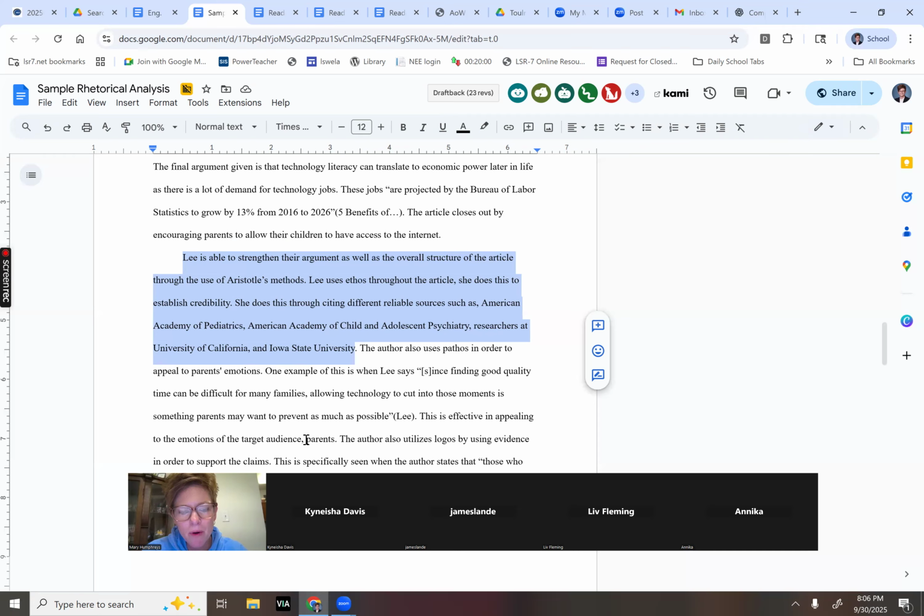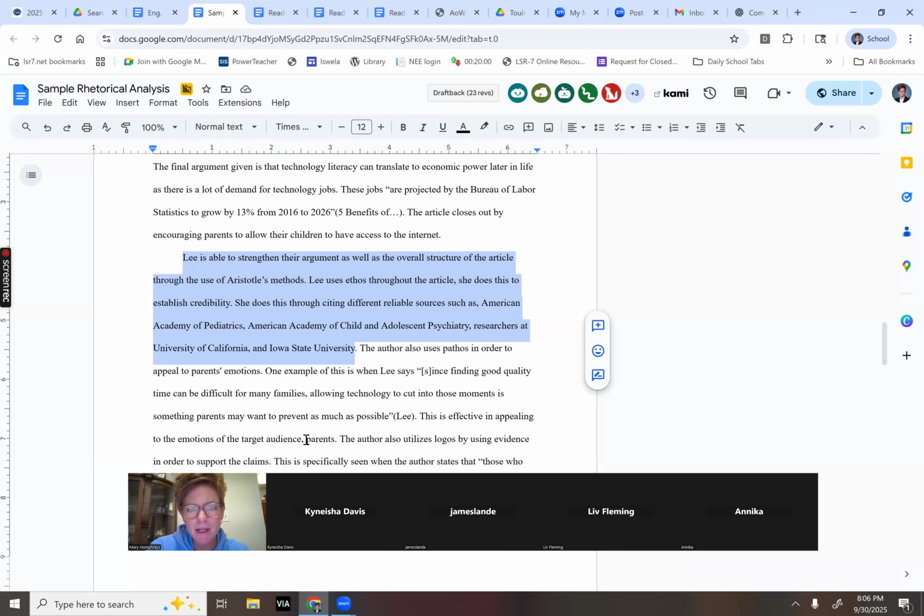But the important thing when I go to write about it, okay, it's one thing to identify it. It's a whole other thing to write about it in your reader response. When you're writing about it, you're going to give me specific examples of where you see ethos, pathos, logos coming out, but you also have to tell me why you think the writer is using that particular example of ethos, pathos, logos, right? What is the overall impact of that particular example being used?